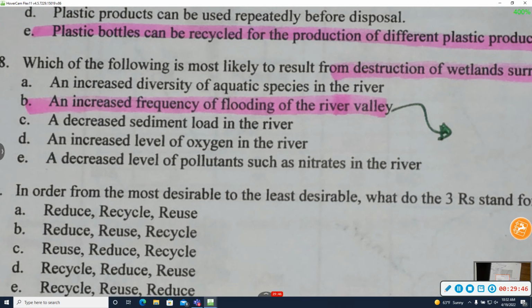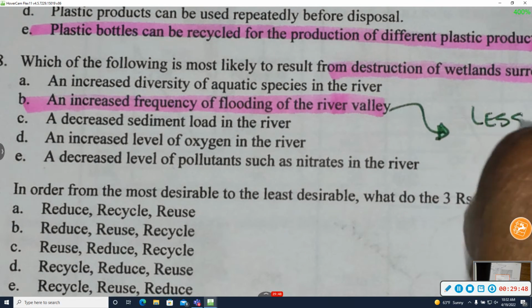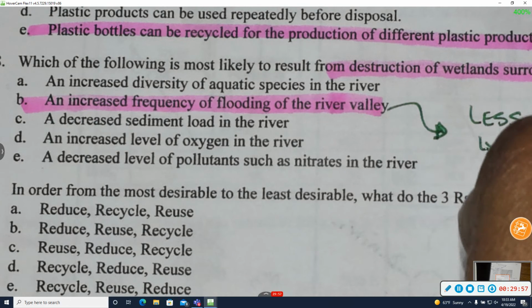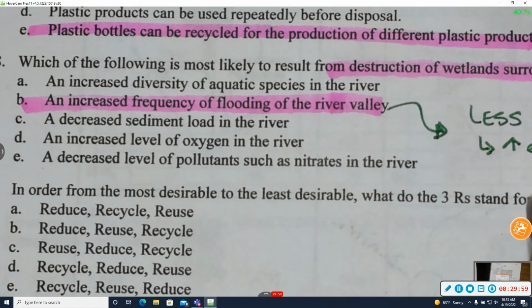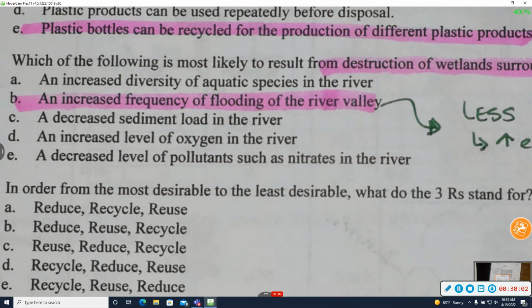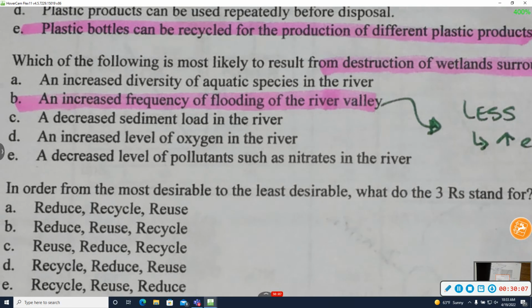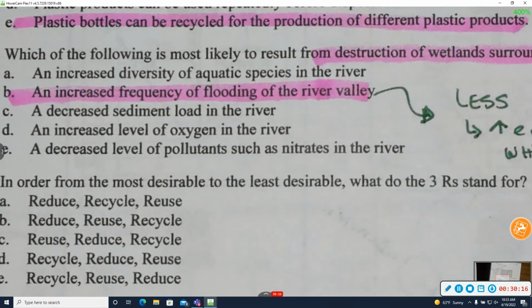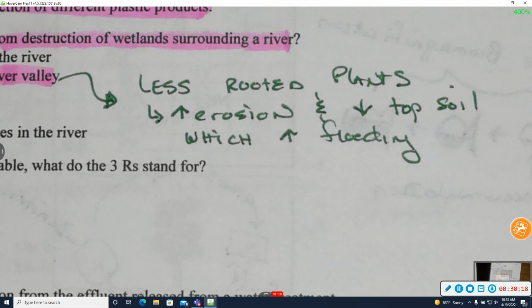So when you have less rooted plants, then you increase erosion and decrease topsoil. All of that can increase flooding. That's why wetlands are necessary for the protection of the coastline against flooding.